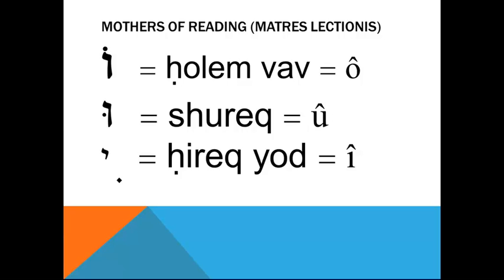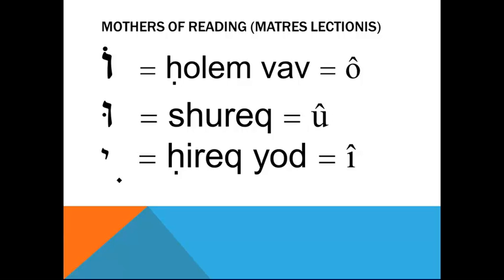So the vav and the yod were beginning to serve as hints of long vowels in the Hebrew language. Hebrew never went all the rest of the way and came up with consonants for the other vowels.